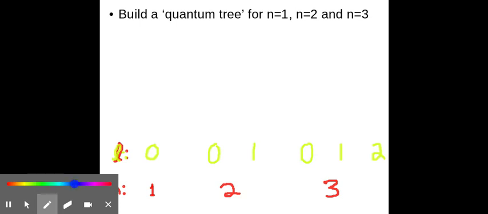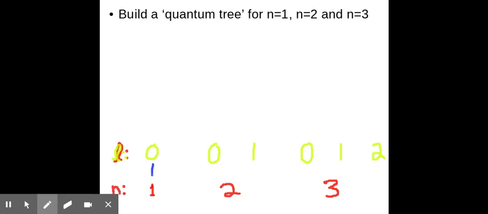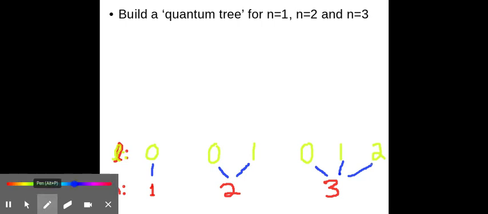Let's connect these so we can see them. n value 1, you have a possible L value 0. If your principal quantum number is 2, you have 2 possible L values, 0 and 1. If your principal quantum number is 3, the L value could be 0, 1, or 2. So that's the secondary quantum number.